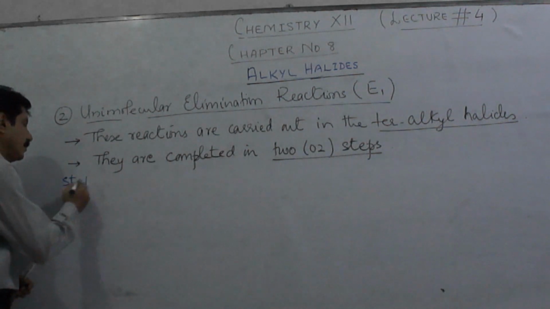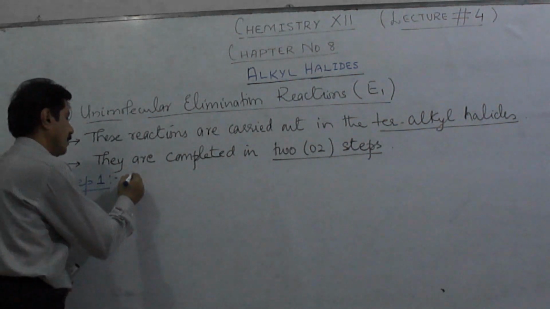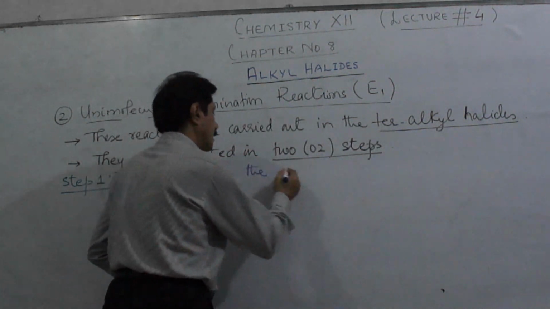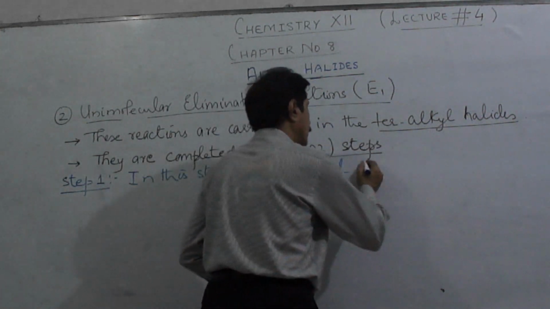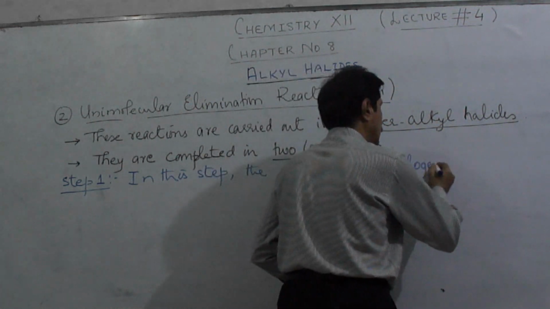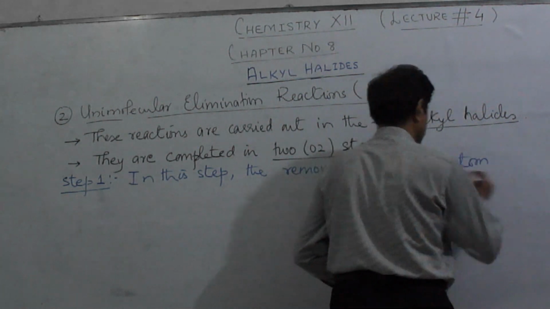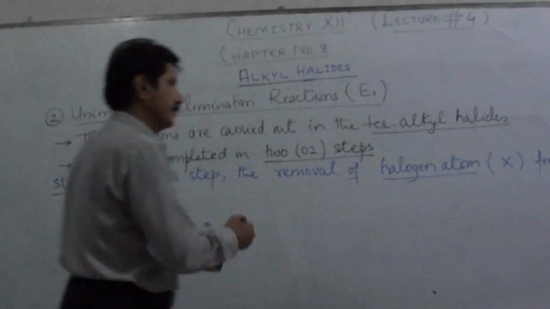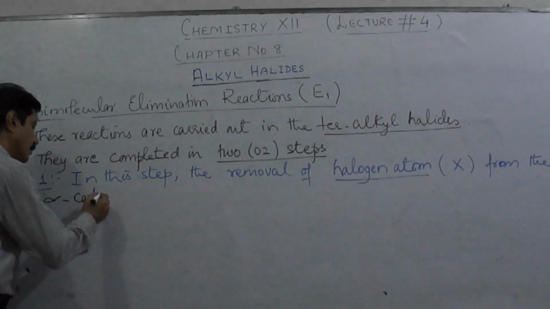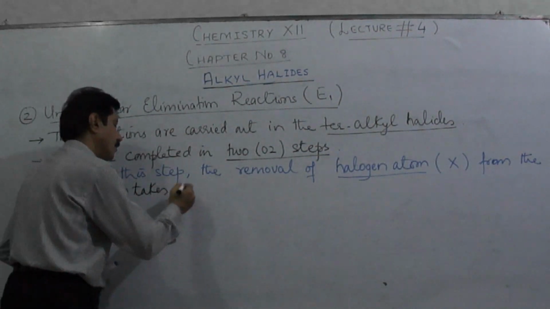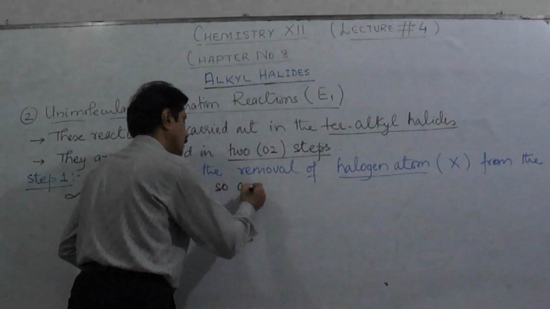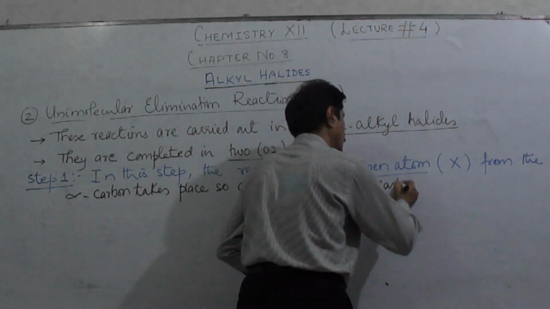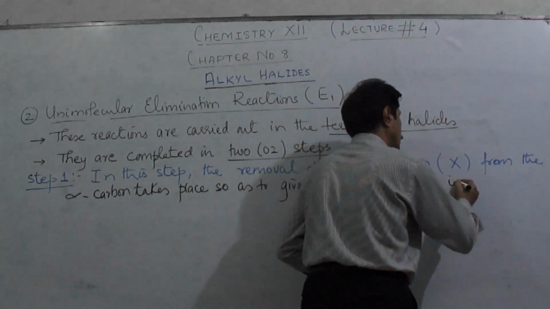In step number 1, the removal of the halogen atom from the alpha carbon takes place, so as to give the tertiary carbonium ion.